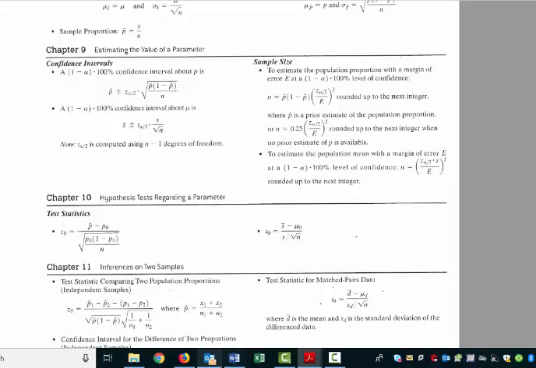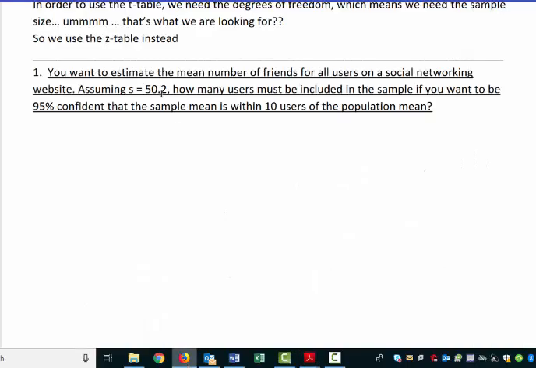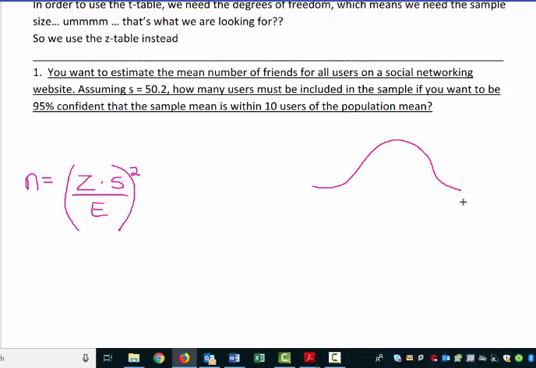Okay, so I go back to my formula, I go back to my page and write that formula. That is the first thing I'm going to do. n equals, big parentheses, Z times s divided by the E, we got to talk about that, all squared. Okay, so another thing that I like to do first is I like to draw my picture.